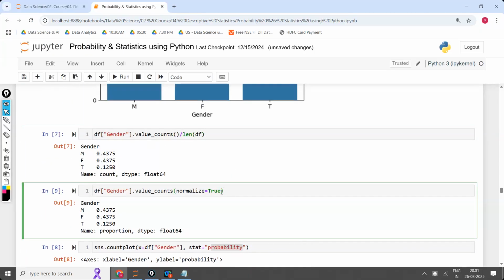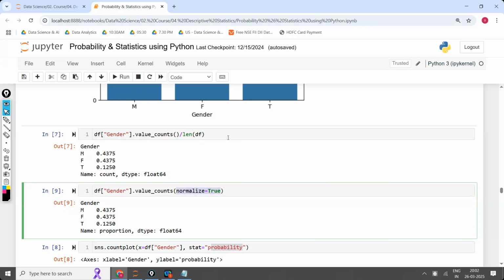Sir, what is meant by normalize is equal to true? Normalize is equal to true means divide every value with the maximum value, that is nothing but the total value. The meaning of normalize is equal to true means divide with the total.